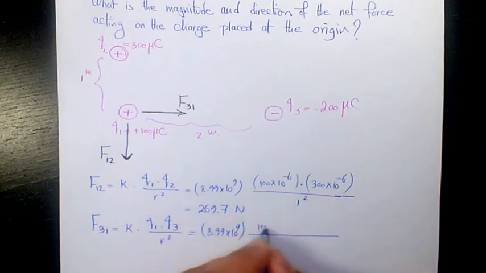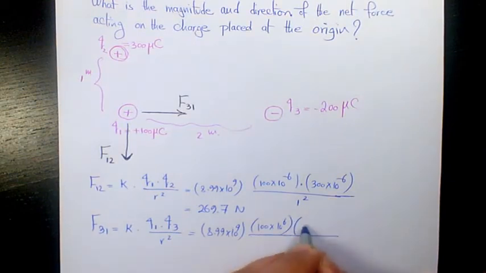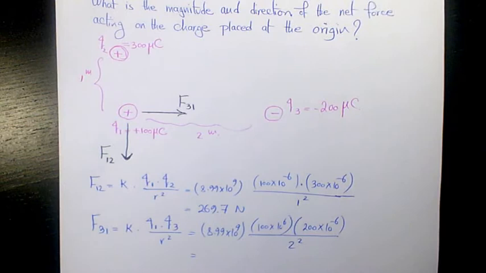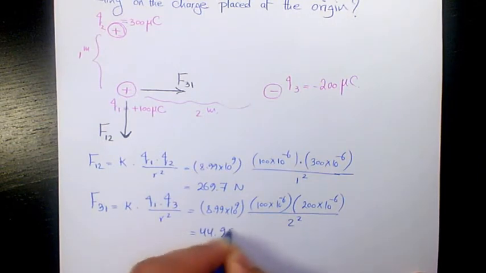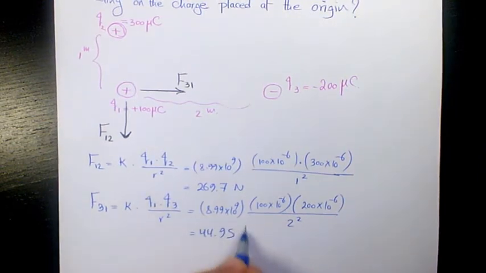Q1 is 100 times 10 to the power of negative 6, times Q3 is 200 times 10 to the power of negative 6, divided by r squared. r is 2 meters, so 2 squared is 4. That's 44.95 Newton.